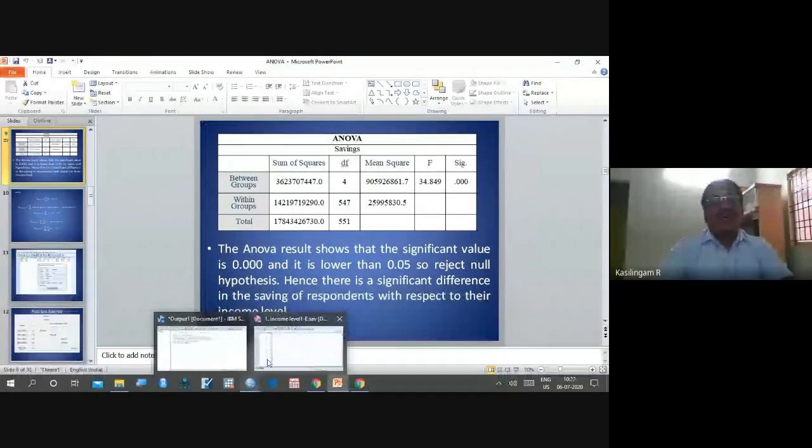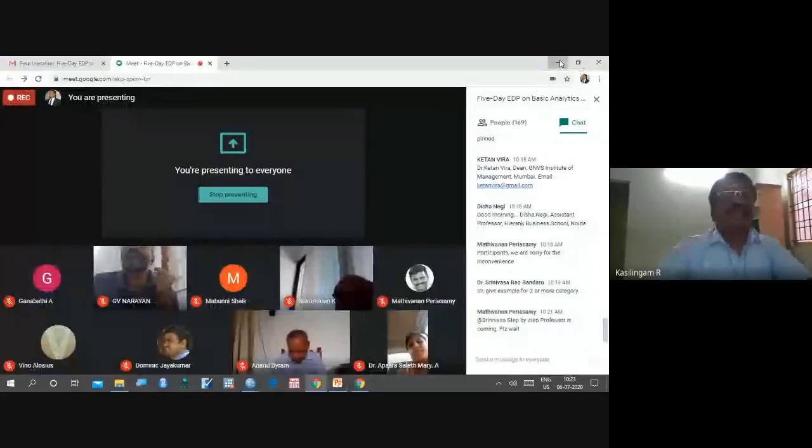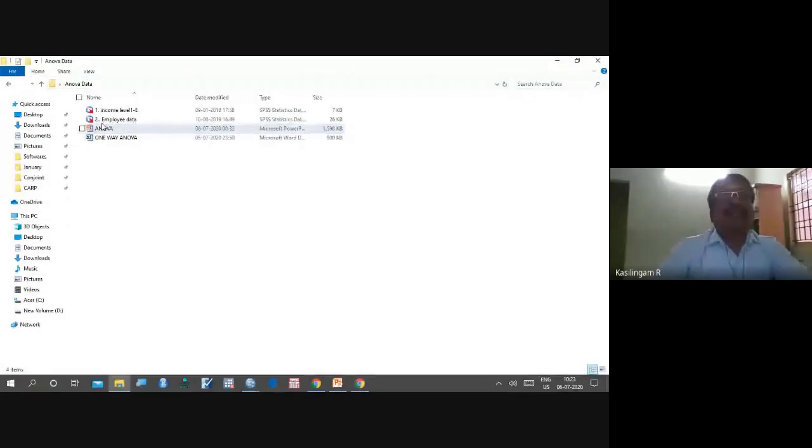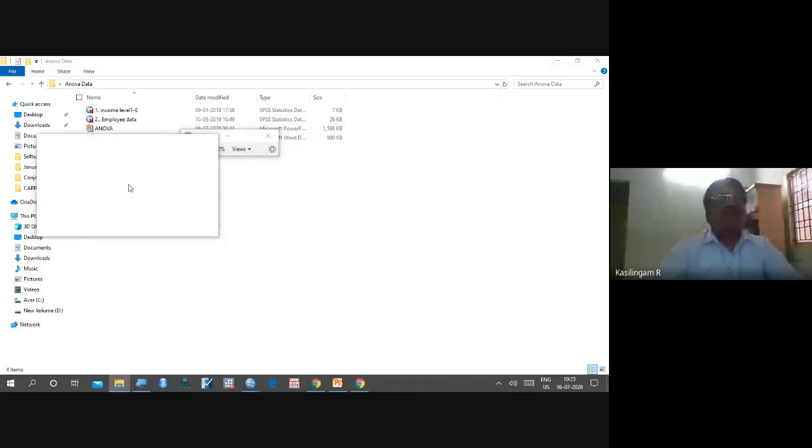Now, I think probably you know what I have to do. Okay. So now I have to select the income level data set. If I go to the data set, these are the data sets provided to you.